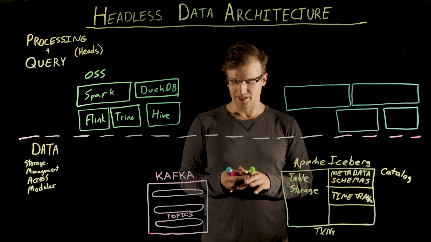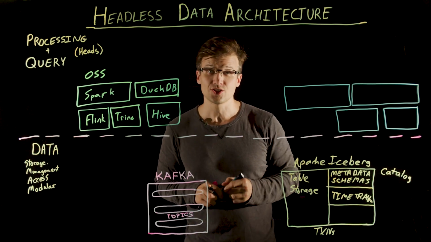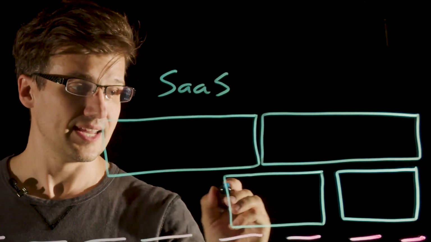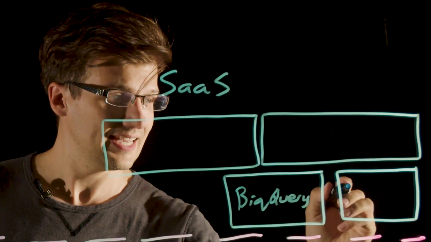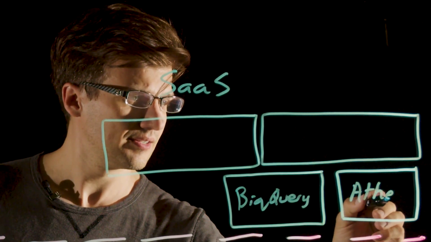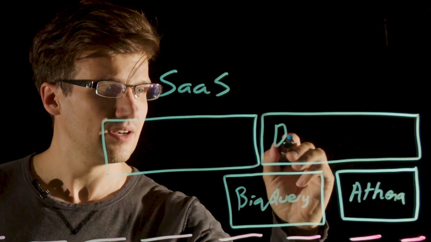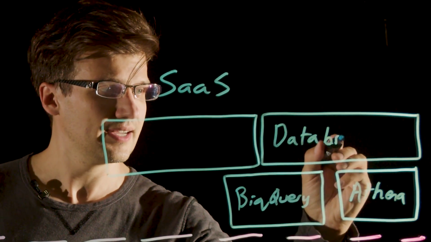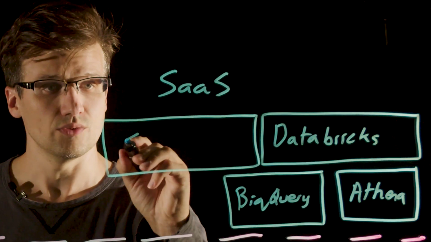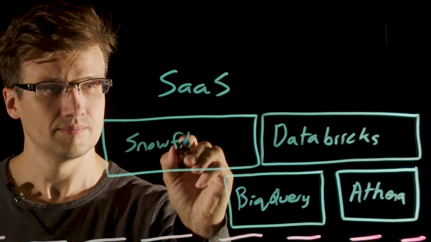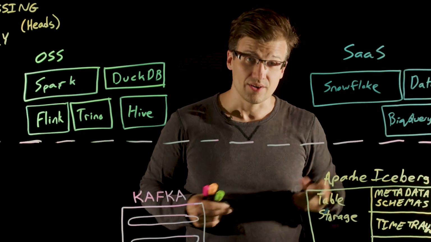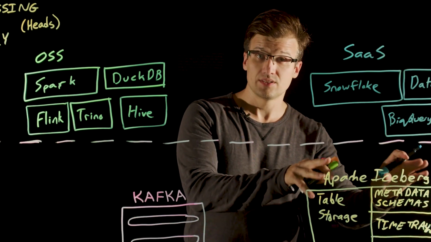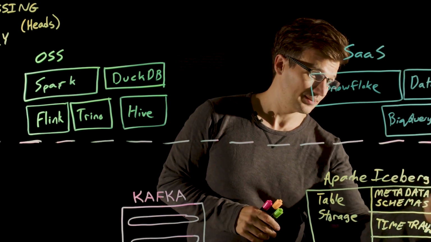We can also plug in, though, other popular SaaS solutions, things like BigQuery, Athena for AWS, and even, of course, services like Databricks or Snowflake. How you integrate with these services varies, but it typically relies on, say, the Iceberg metadata catalog.